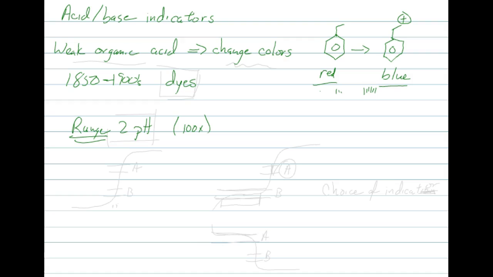If you have a strong acid, strong base combination, suppose you're adding a strong base, and you have two different indicators. One changes in this range, call that A, another changes in this range, call it B. If it's strong, you can use pretty much any indicator. Now it looks like it takes a while to go from one to another, but really one or two drops will make it go from here to here.